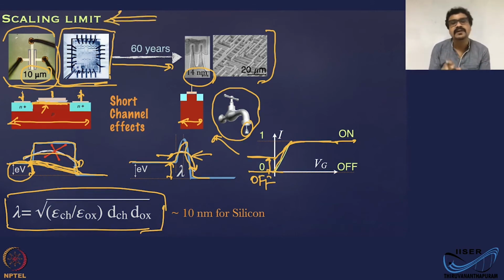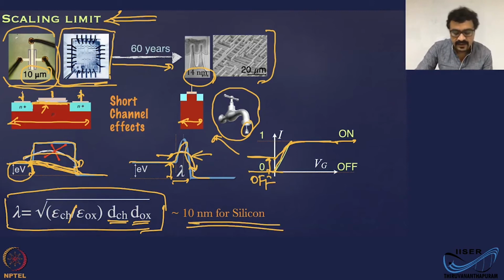The minimum dimension we call lambda is given by this formula, where epsilon channel and epsilon oxide are the dielectric constants, which define the field strength, and d channel and d oxide are the channel and oxide thicknesses. So for silicon, this is approximately 10 nanometer.